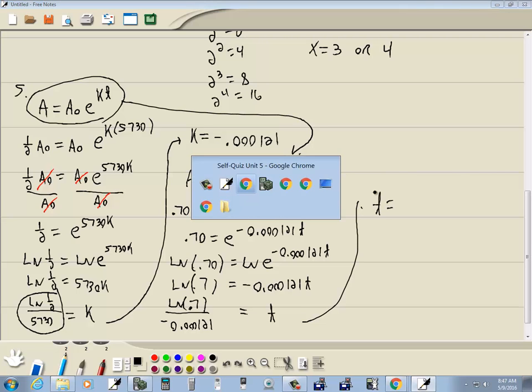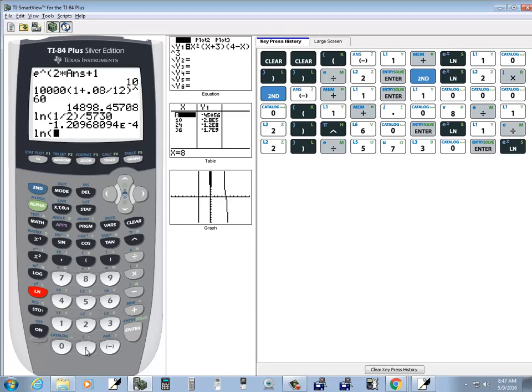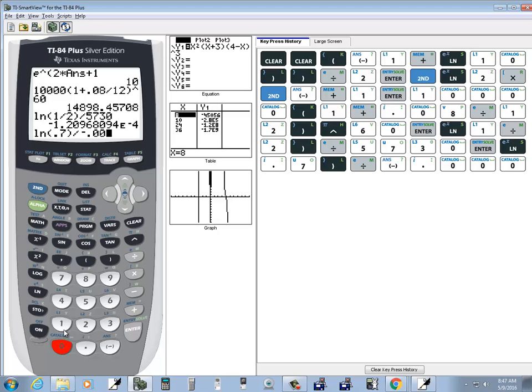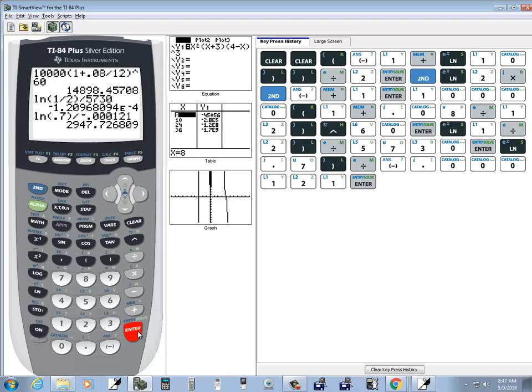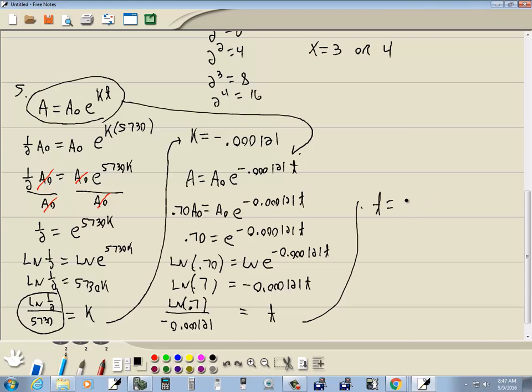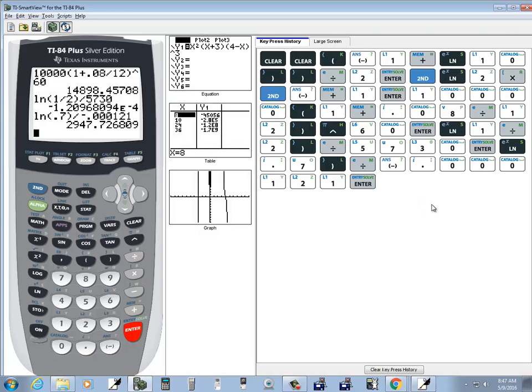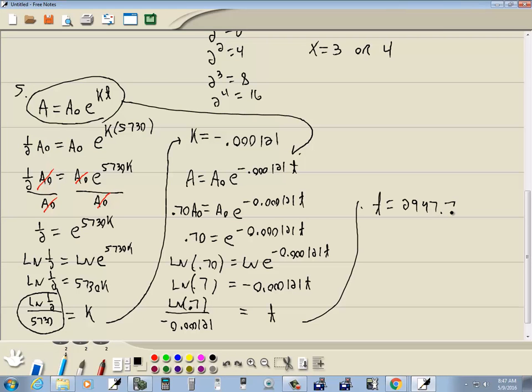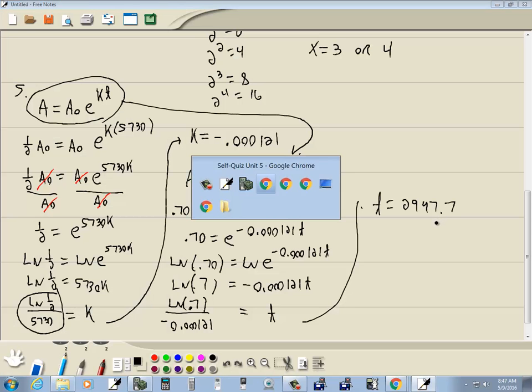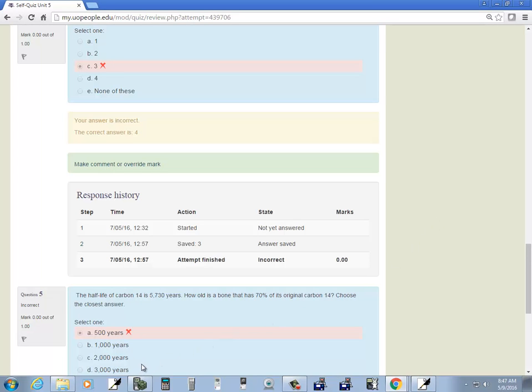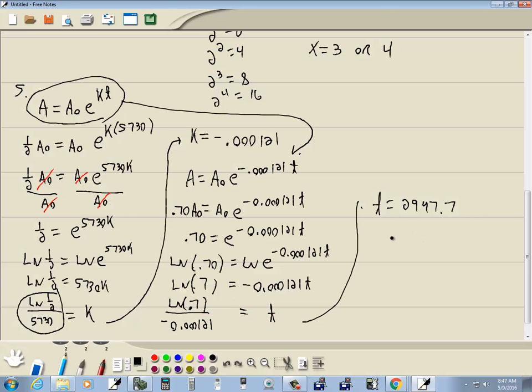So natural log of 0.7, close parentheses, divided by negative 0.000121. So we get 2,947.7. Approximately 3,000 years. And that'd give us our answer.